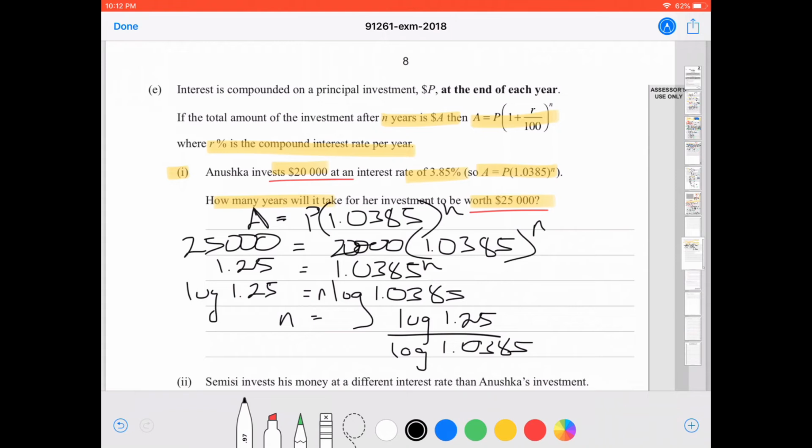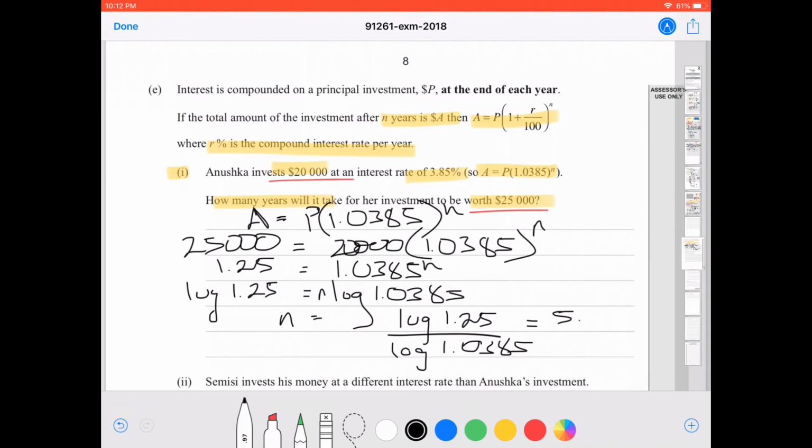And this is something we can calculate. So, fraction log 1.25 over log 1.0385, close bracket. This gives us 5.91.